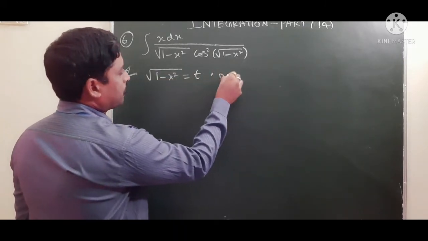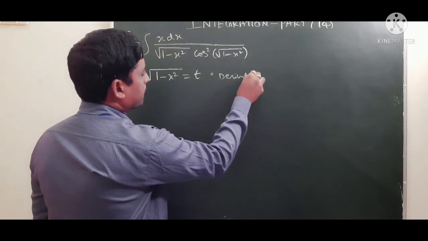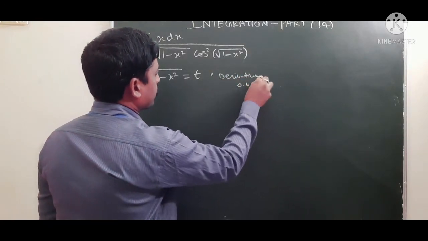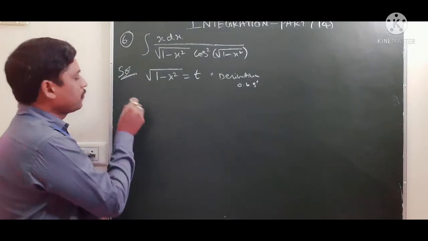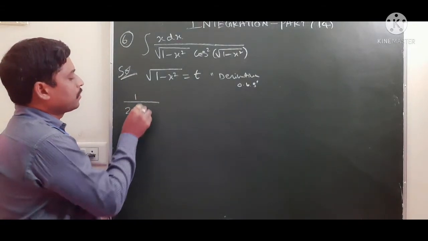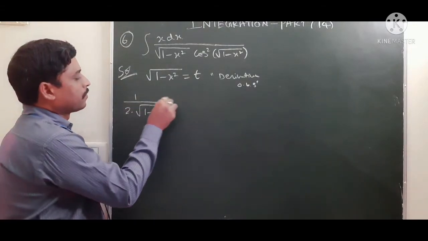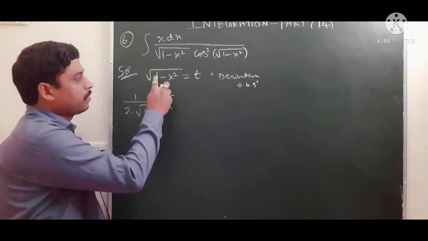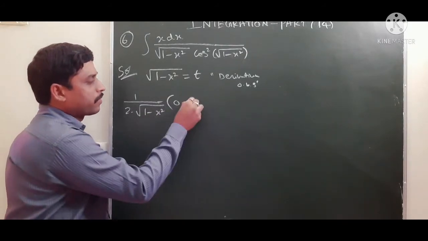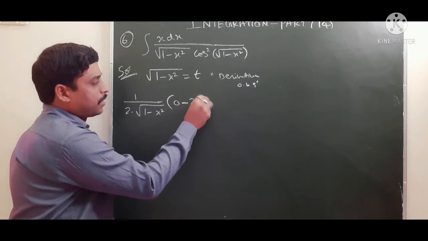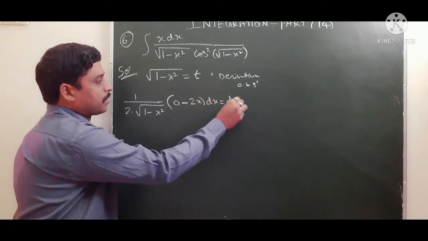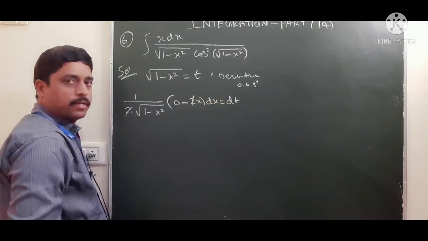Now derivative on both sides. So derivative of root function 1 by 2 root function. So by using chain rule, derivative of 1 is 0, derivative of x square, we get 2x dx is equal to dt. Now 1 2 get cancelled.